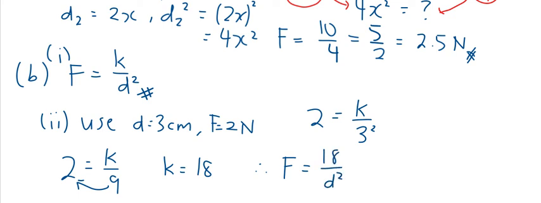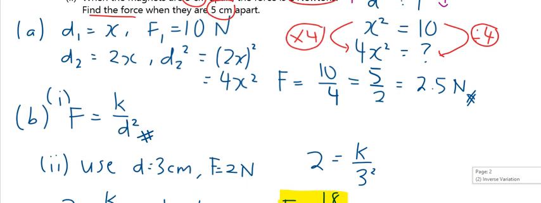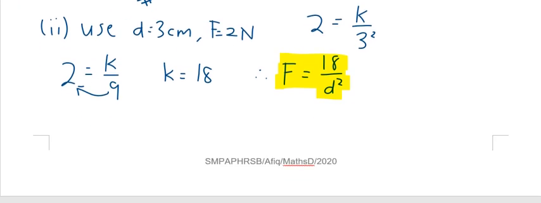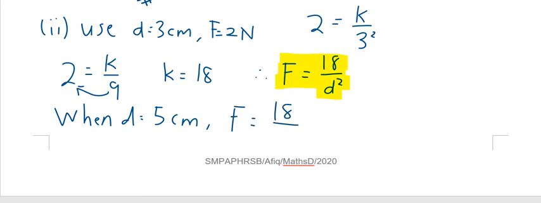So you're going to use this equation to find what you're looking for at the question. Find the force when they are 5 centimeter apart. So your new distance will be 5 centimeter. So when D is 5 centimeters apart, F equal 18 over D squared.